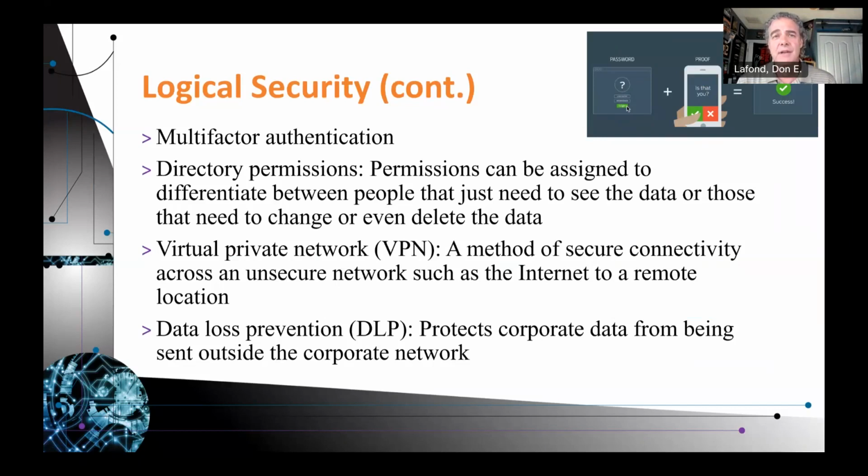Or you can just have a VPN that protects your private address, even from the ISP, when you go through a virtual private network to access the internet. Even your ISP doesn't know where you go because you're going through a different IP address. Data loss prevention, DLP, protects corporate data from being sent outside of the corporate network.